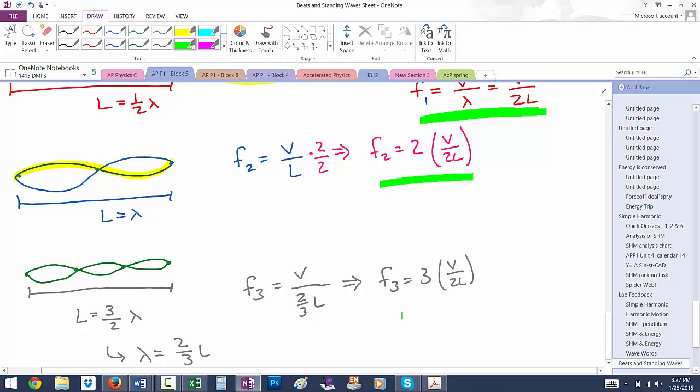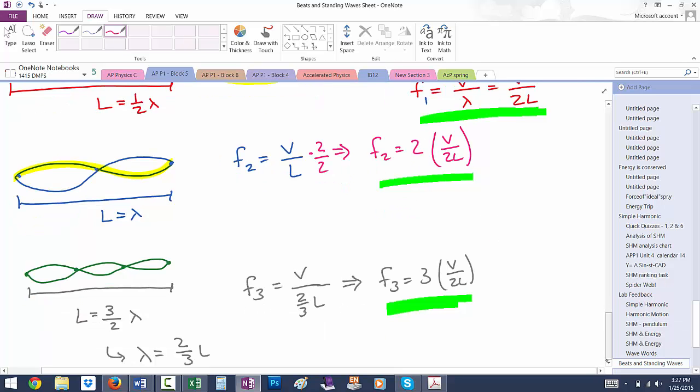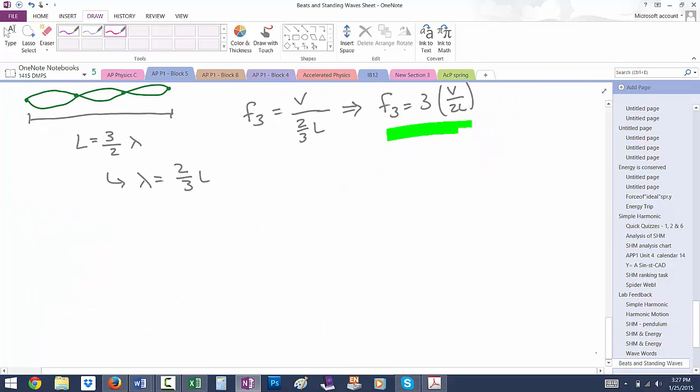So we had F1, F2, and F3, and it looks like that may have been where we ran out of time, but I hope it appears to you that there is a nice pattern going on here. F1 equals V over 2L, F2 equals twice V over 2L, F3 equals 3 times V over 2L, and we can propagate that out to get a very general expression for the frequency of any harmonic.